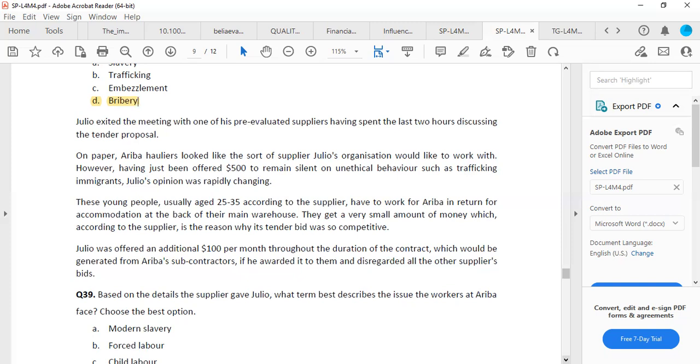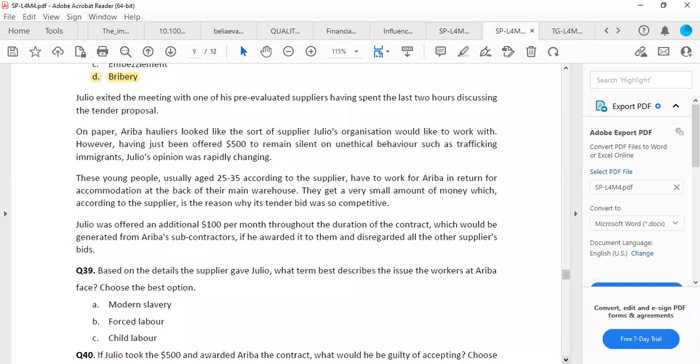Based on the details the supplier gave Julio, what term best describes the issue the workers at Ariba face? Choose the best option. Modern slavery. So, are you sure it's modern slavery?